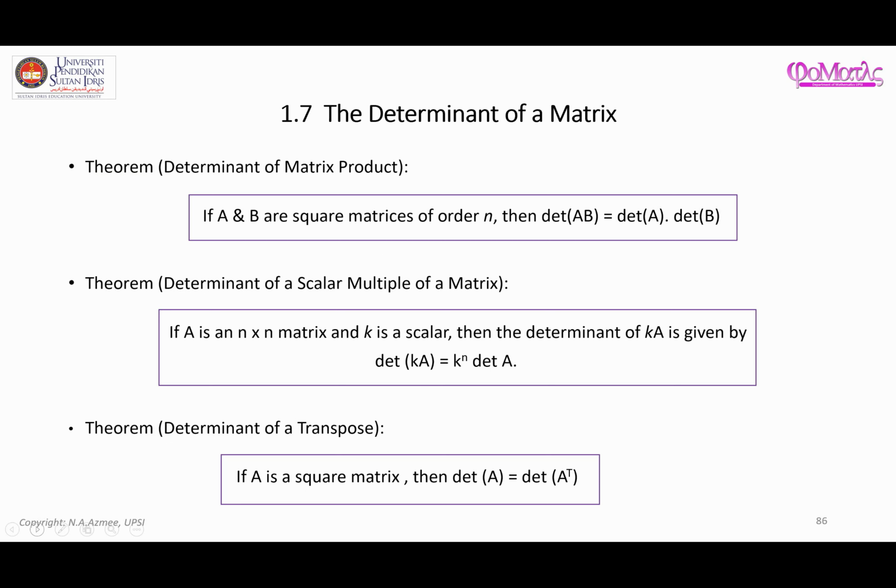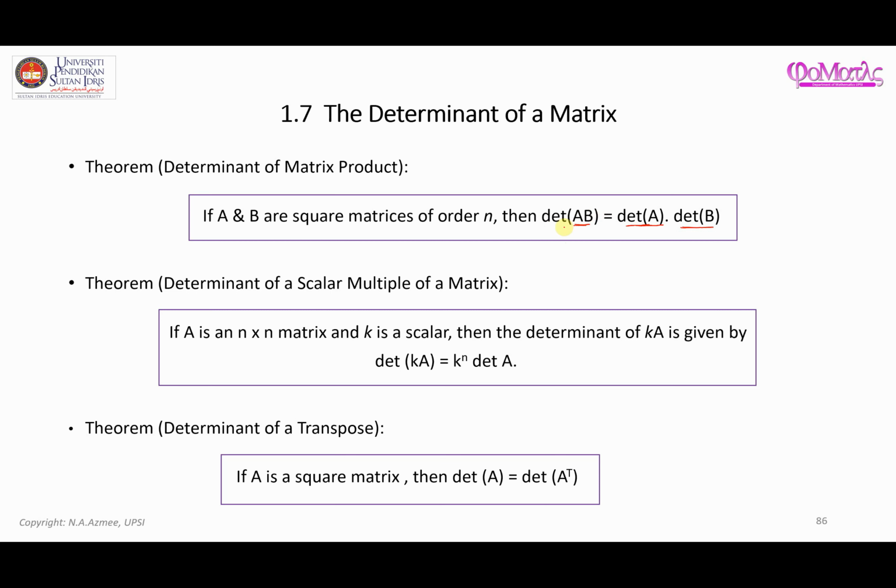Now, if you have a matrix product of A and B, the determinant of that is equal to the determinant of A multiplied with the determinant of B. Usually this process is easier than multiplying the two matrices first and then finding the determinant.